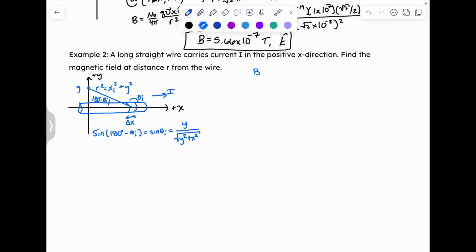And then if I look at my magnetic field, I have mu naught over 4 pi, and then qv sine theta over r squared.